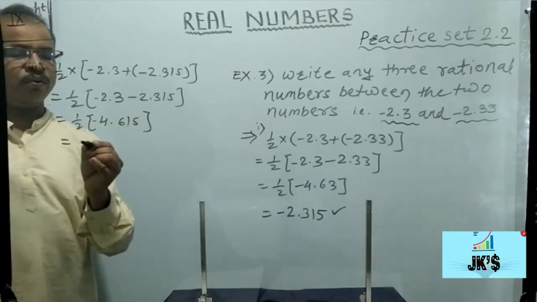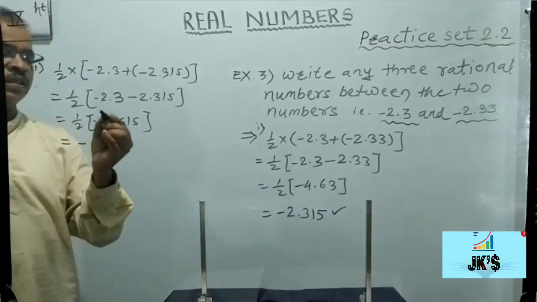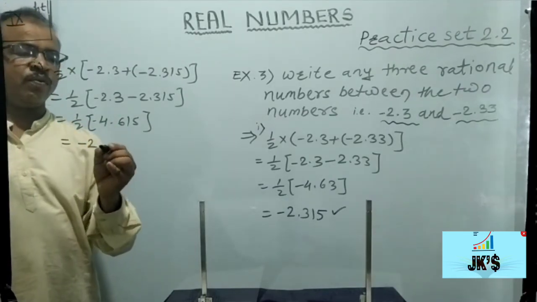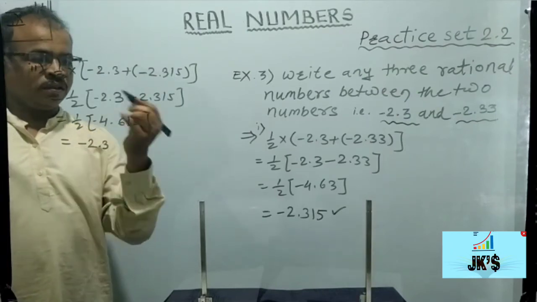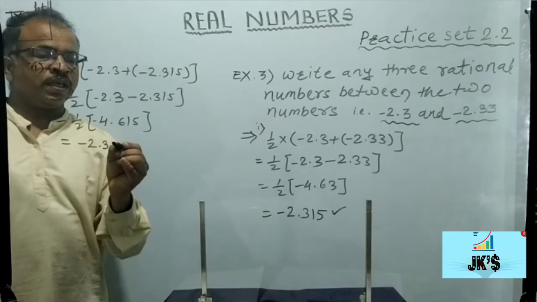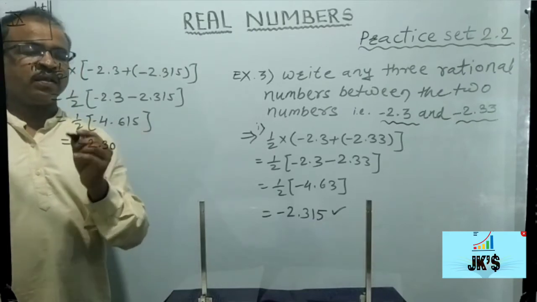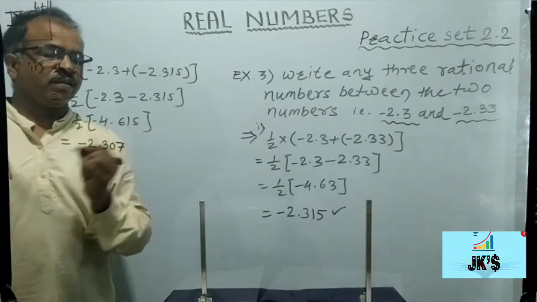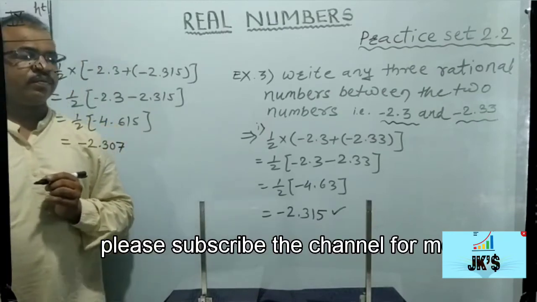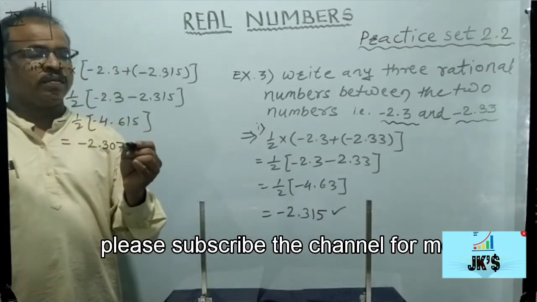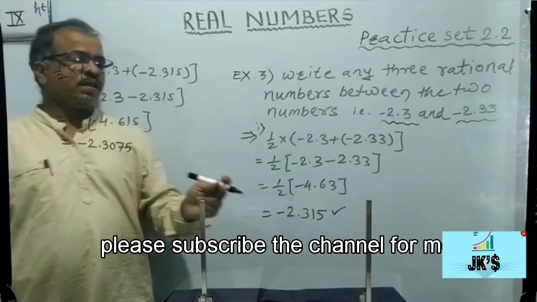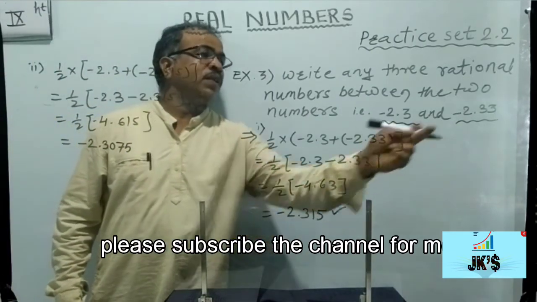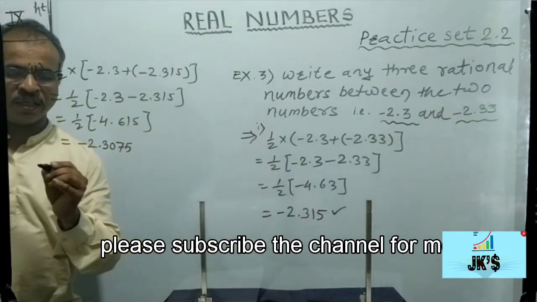When we divide by 2, minus as it is, 2 2s are 4, point 2 3s are 6, 1 is less than 2 so we take 0, 15, 2 7s are 14, again 5. Now take the average of this with this one, then we get the third point.